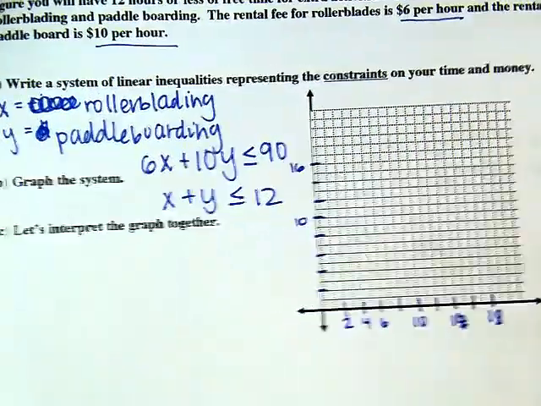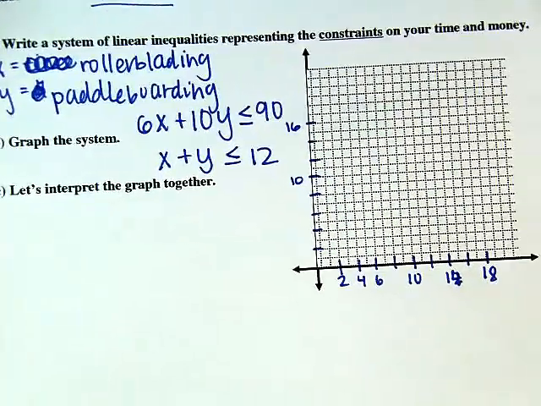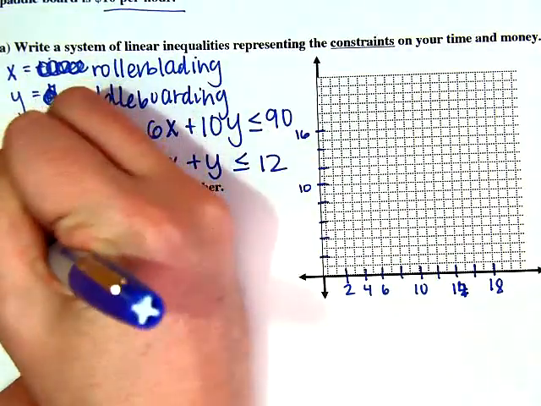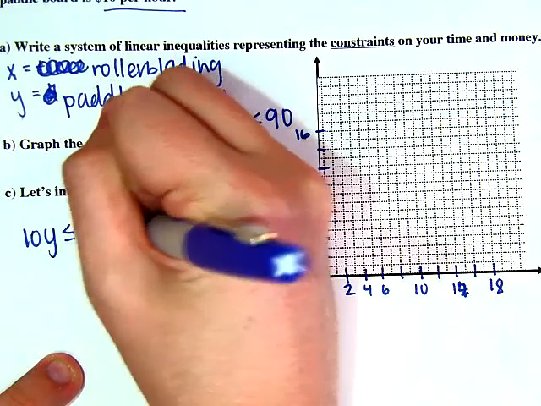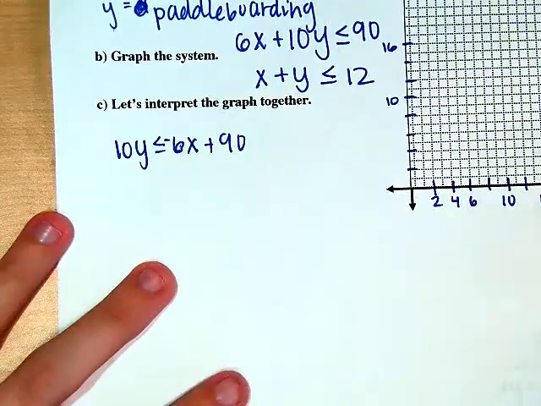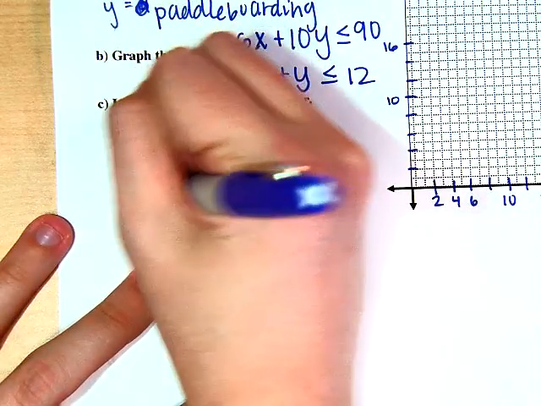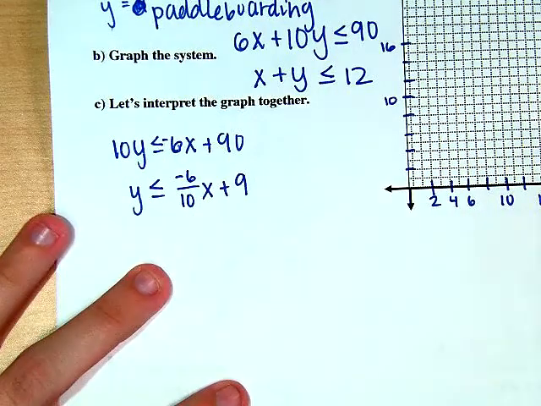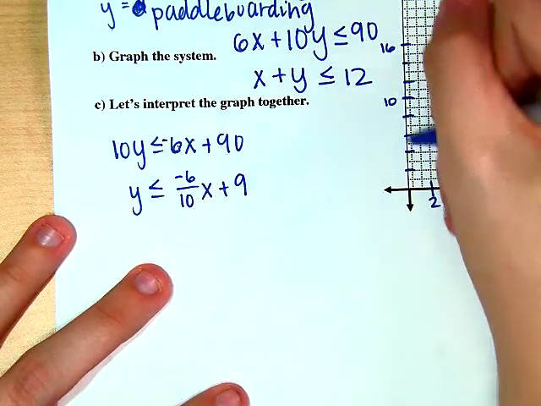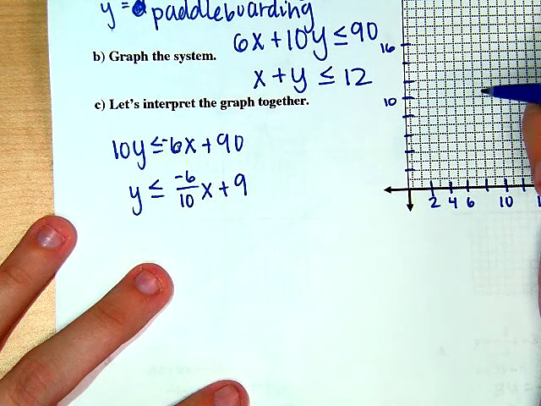So when I'm graphing these, my first equation, I got 10y less than or equal to negative 6x plus 90. So when I divide by 10, I got y less than or equal to negative 6 over 10 x plus 9. So I start at $9 basically, or 9.